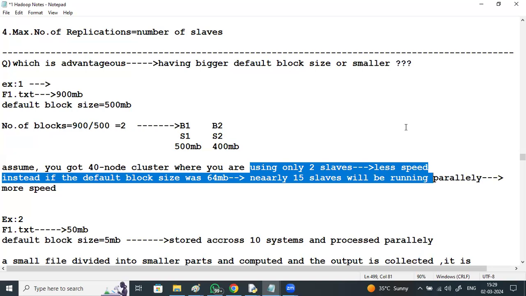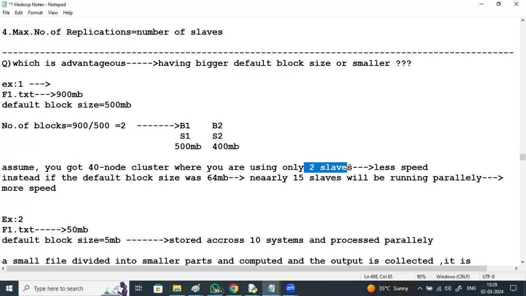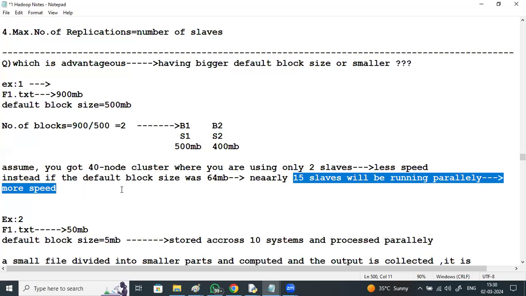If you assign the same work to 30 labors, you can achieve more speed. Even though you have 40 systems, only 2 are running parallelly. To increase parallel processing, more systems should run parallelly for more speed. If the default block size is 64 MB, nearly 15 slaves will be running parallelly, and you will get more speed.